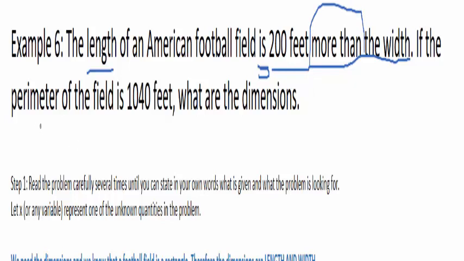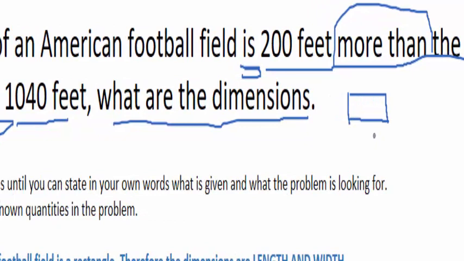If the perimeter of the field is 1,040 feet, what are the dimensions? We do have to know a few things. One, we have to know a football field is a rectangular shape. So when we say dimensions, we're looking for the length and the width.